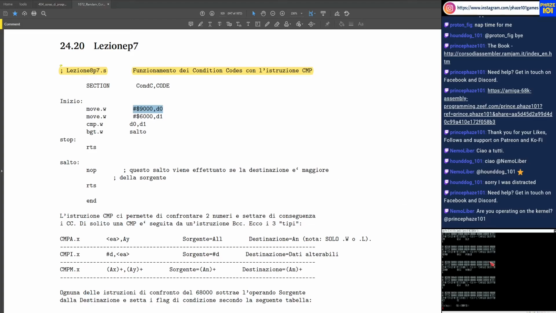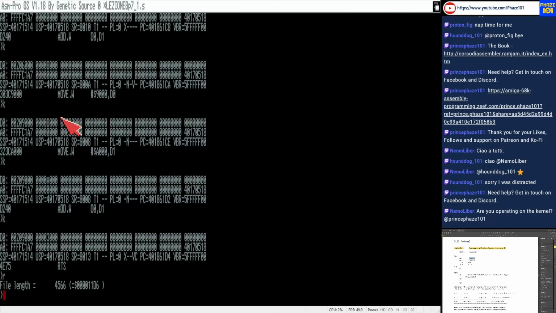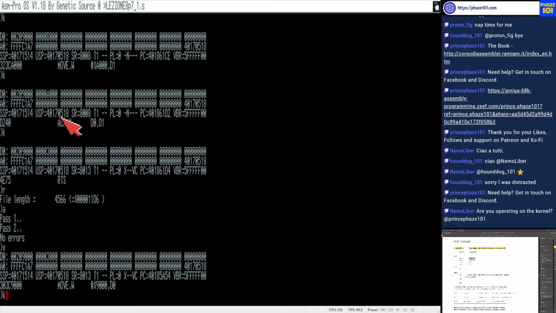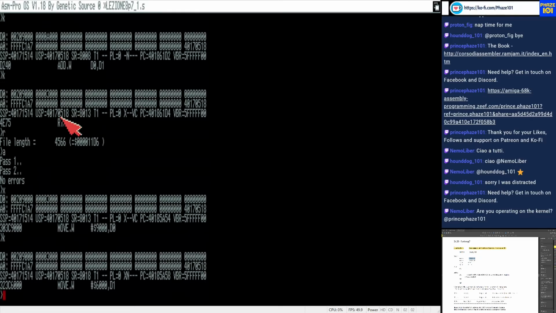Let's see it. We jump to the Amiga. Assemble, OK. So we moved the 9,000 into D0.